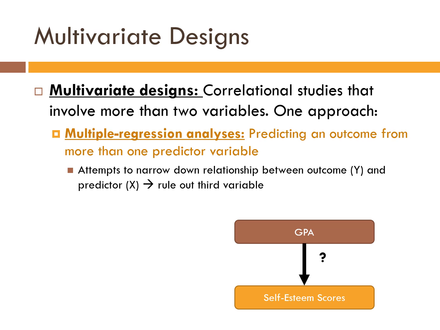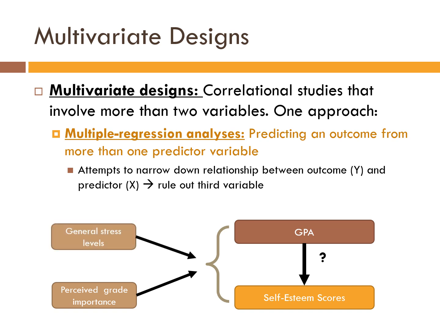And it might be directional, it might be not directional, we don't know, but there might be other variables such as how important is the grade to the individual? If the individual doesn't care, does that affect their self-esteem? What if they're going through generally heightened levels of stress? Will they have worse self-esteem with a worse GPA? Will they be less affected because they have other things happening in their lives? And what if they're just a generally positive person? Does that provide some kind of mental protection against GPA changes leading to self-esteem score changes?